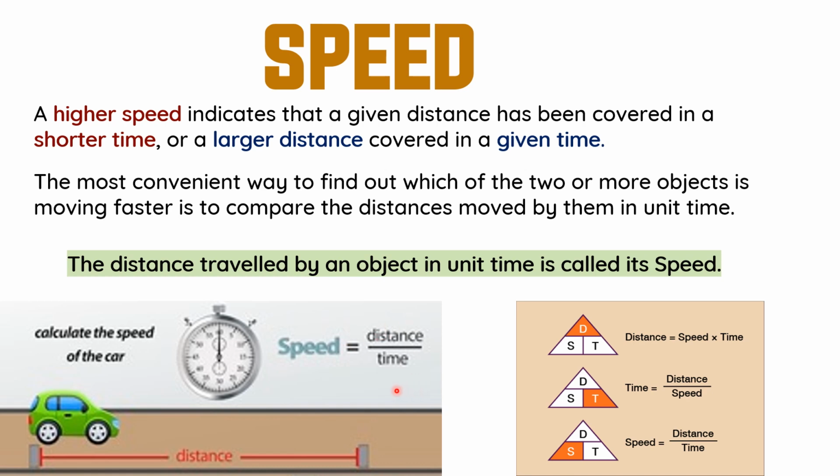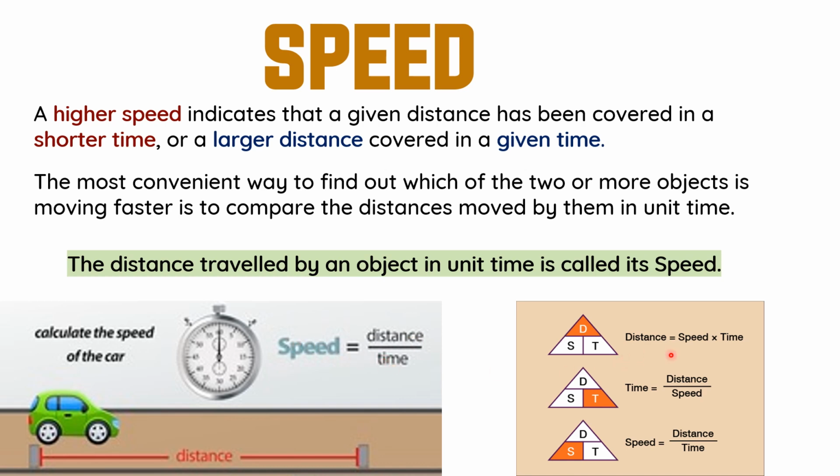When using this formula, you have to do some problems or mathematical calculations also. Speed equals distance upon time. Sometimes you want to find the distance. At that time you can cross multiply, so distance equals speed into time.